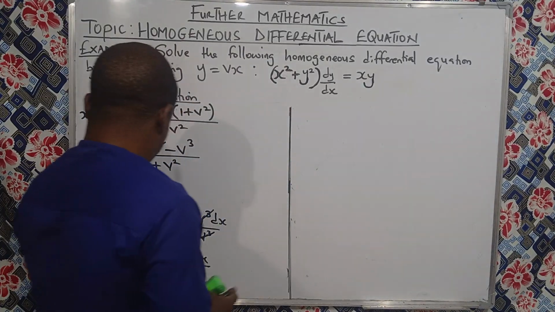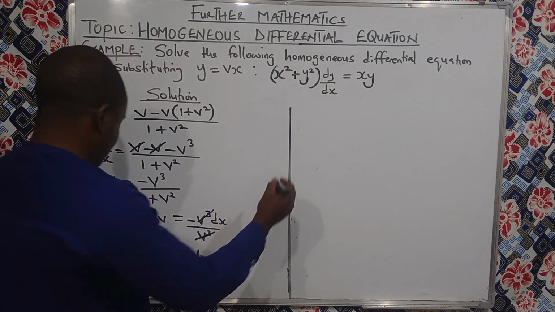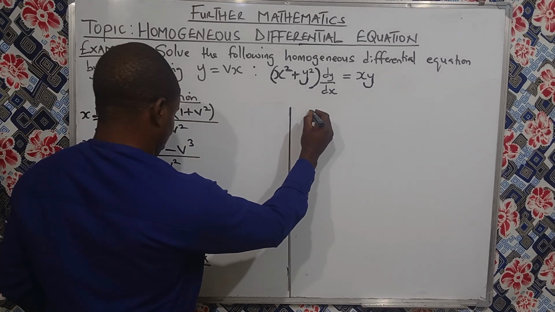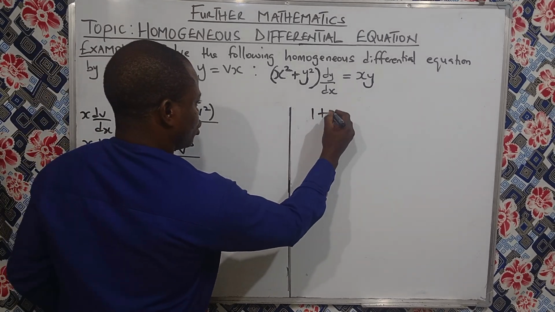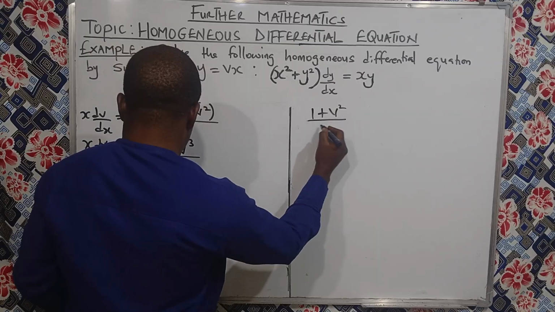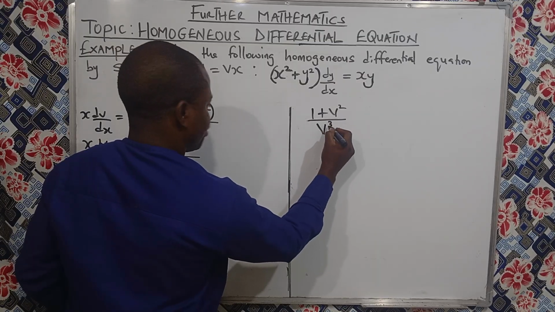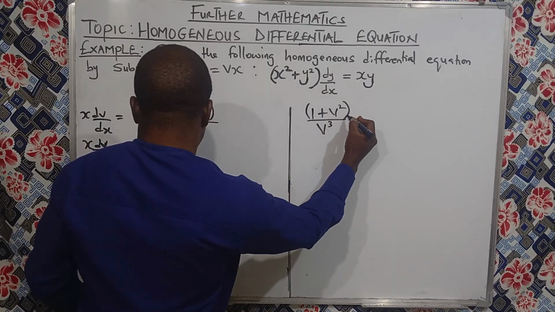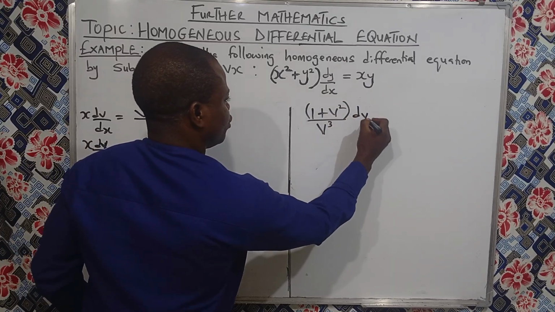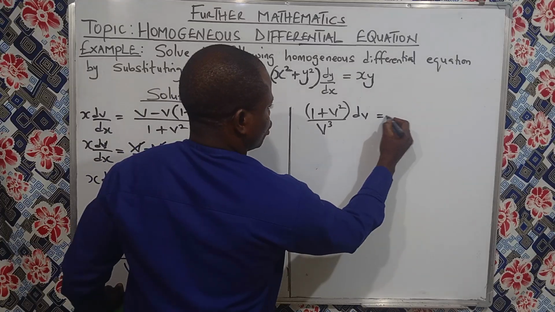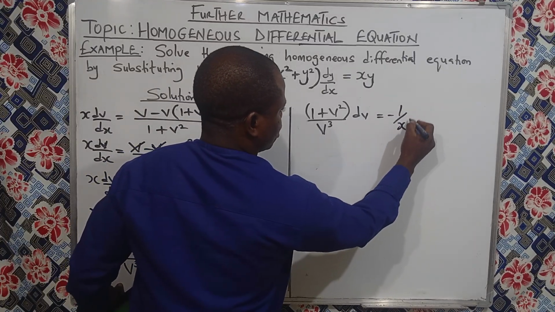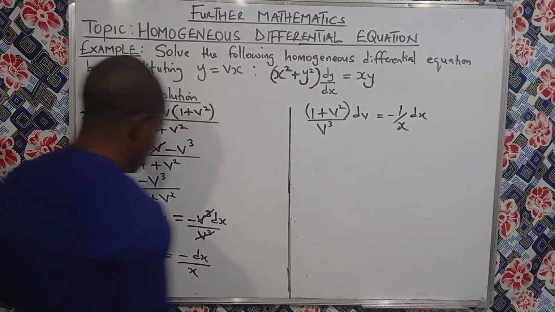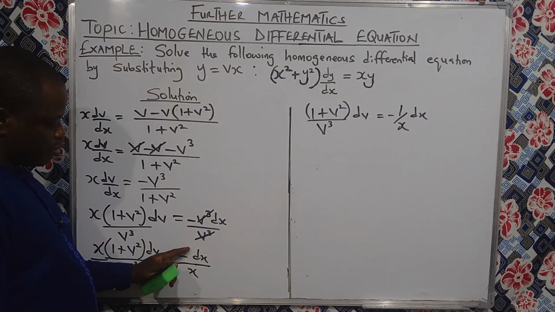At this point, what you are left with is (1 plus v squared) over v raised power 3 dv equals minus 1 over x dx. Okay, there's 1 at the numerator here.